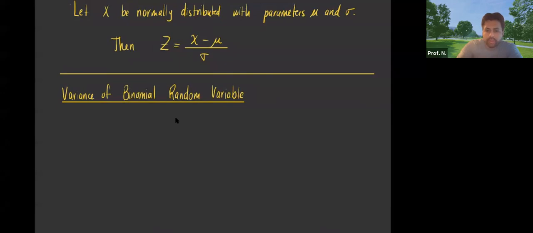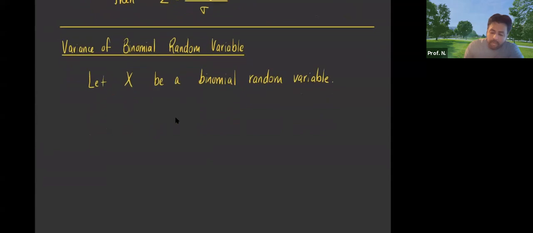Bernoulli was the first kind of distribution that we discussed, particularly a discrete distribution. So we're going to let X be a binomial random variable, okay?